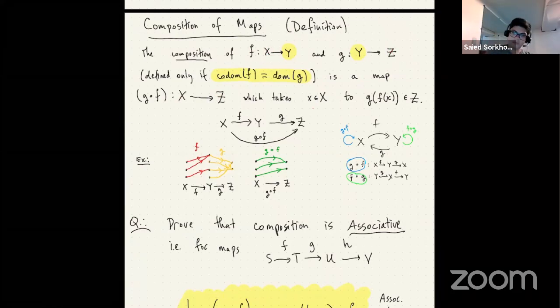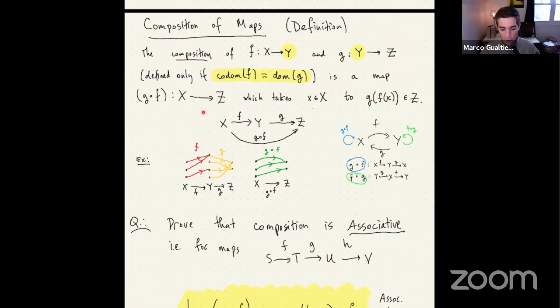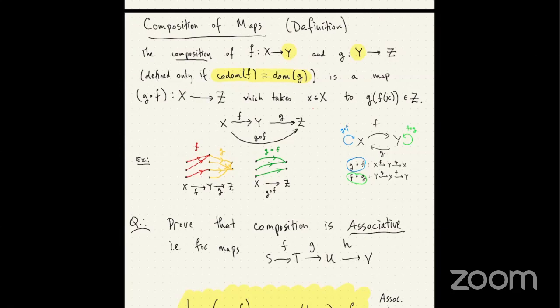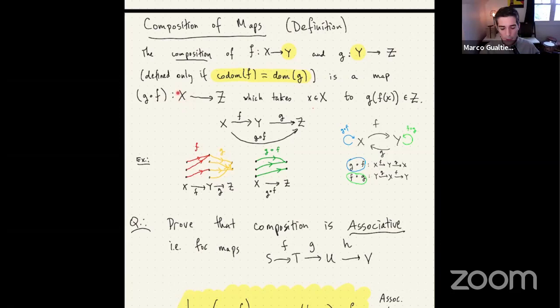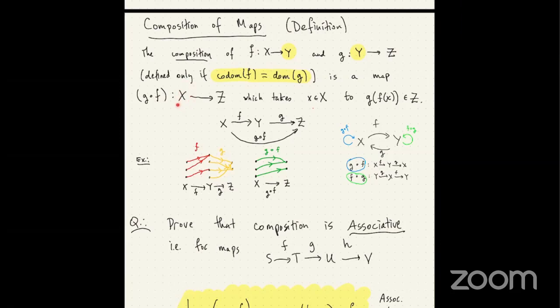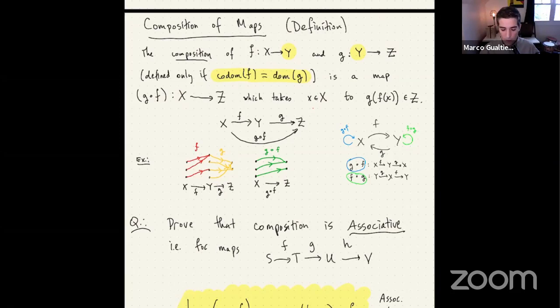So the domain is X and the codomain is Z. Will that be a subset of X, or will it just be X? It's X. Yes, that answers your question. Oh, I see. Thank you.